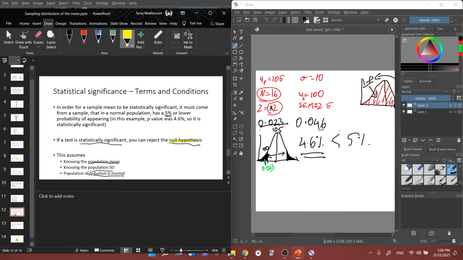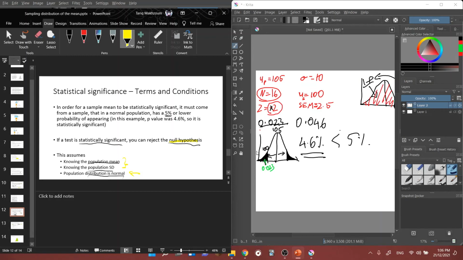And when we do this, we have assumptions that we're making. The first assumption is that we know the population mean and standard deviation. And the second one is that the distribution is normal.